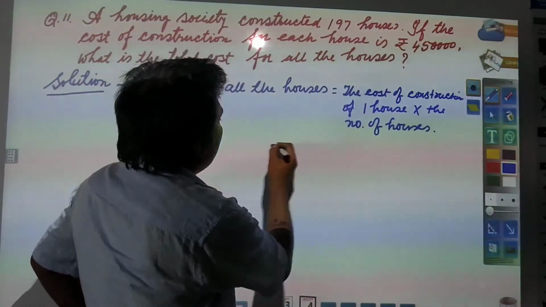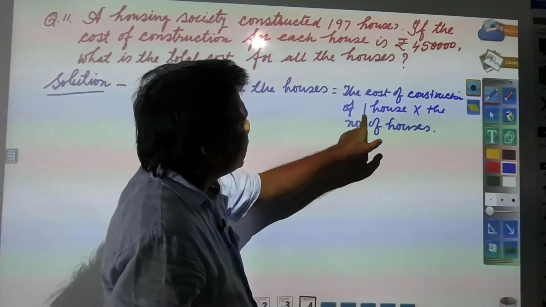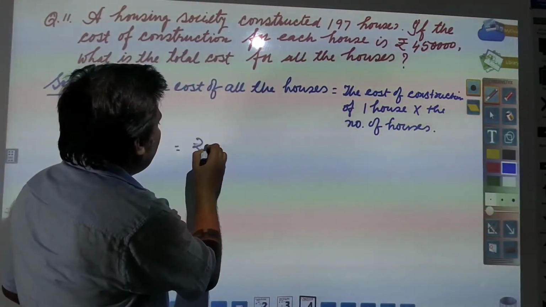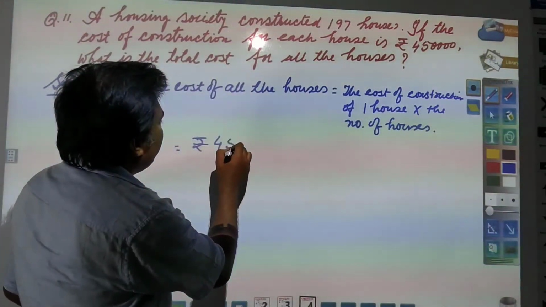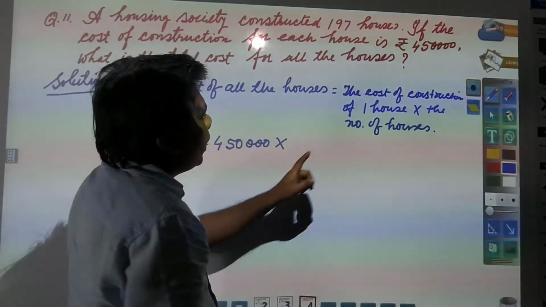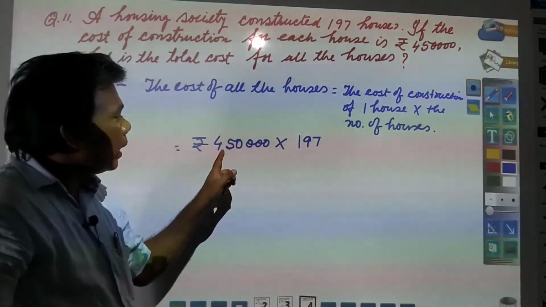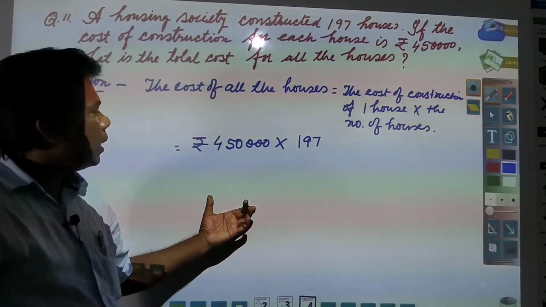Just you see, so this will be equal to how much? The cost of construction of one house is rupees 4,50,000. This much into the number of houses, how much is it? 197. So directly if you are multiplying, again you will get the answer.